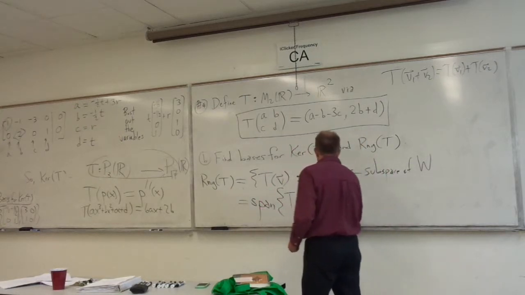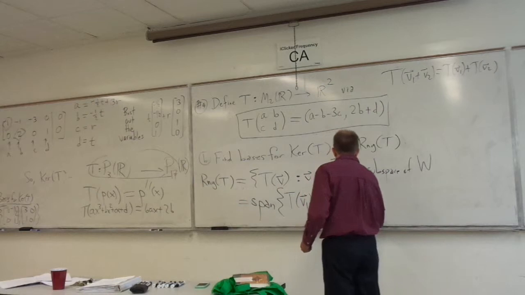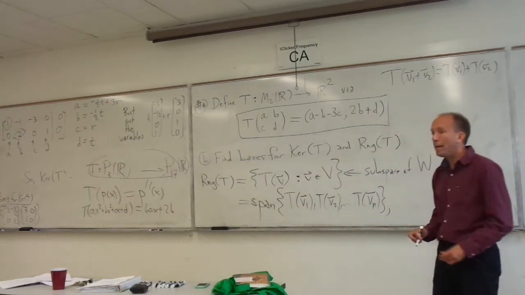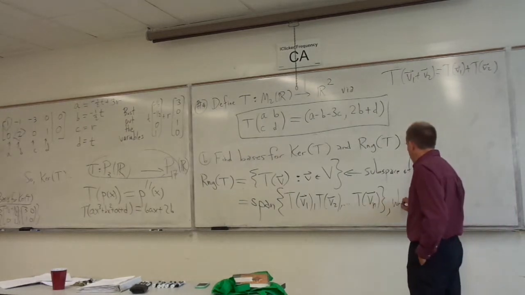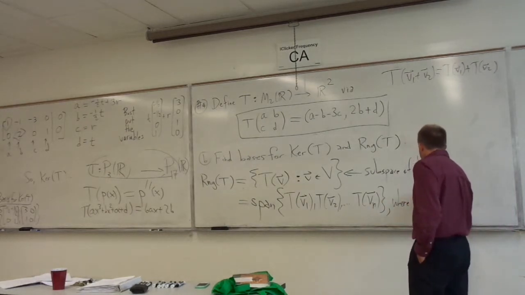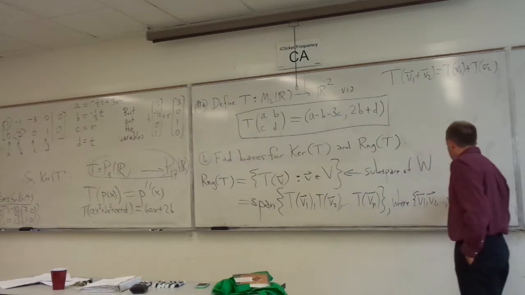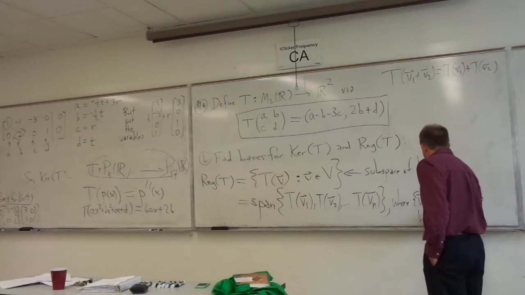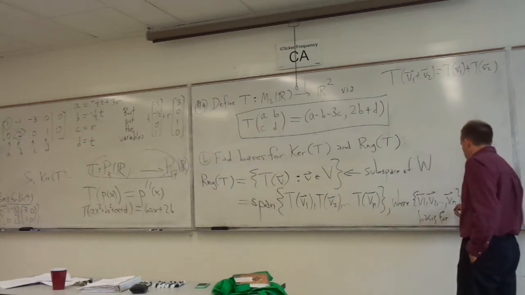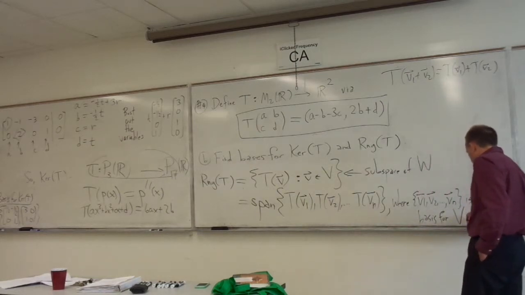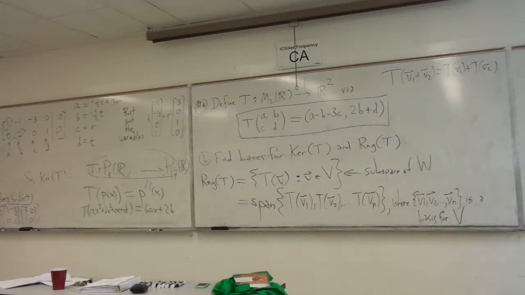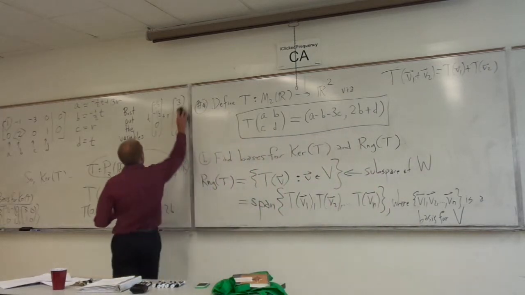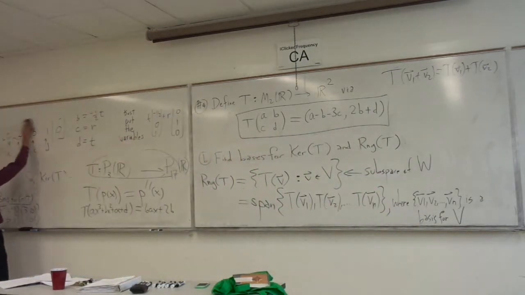You're going to take the transformation of v1, v2, all the way up to vn, and take the span of that, where v1, v2, up to vn is a basis for V. So you start with any basis for V, and you form the span of it. Okay? Form the span of it.